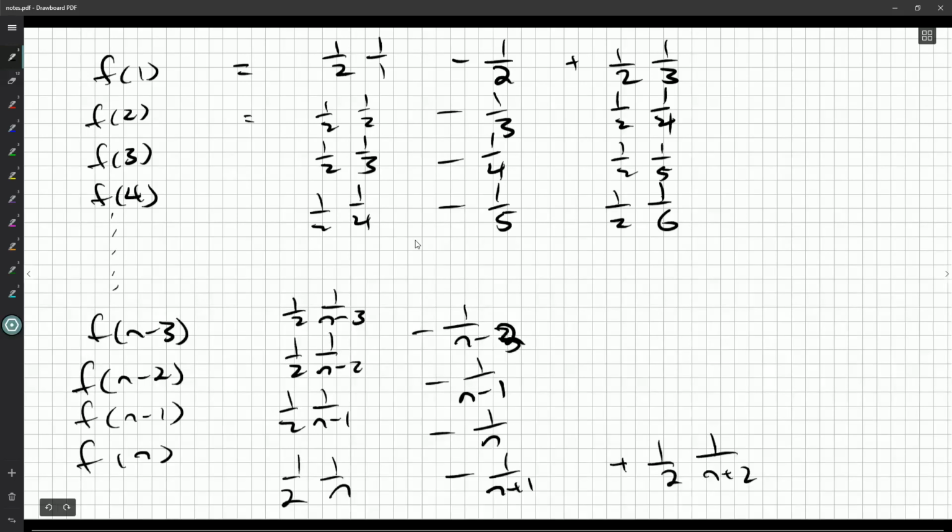Let's just make sure we don't get confused here. Plus a half 1 over n minus 1, plus a half 1 over n, plus half 1 over n plus 1. But then look what happens.